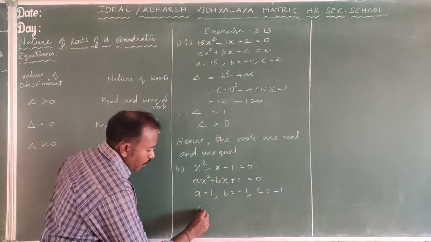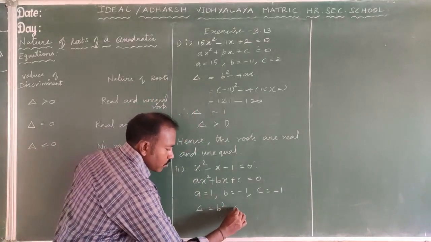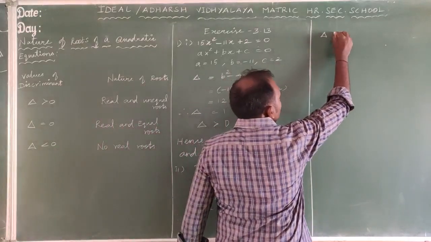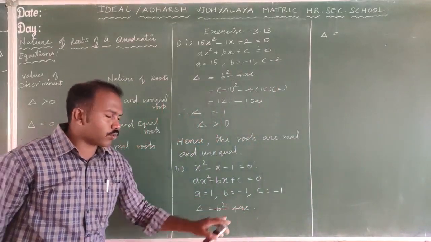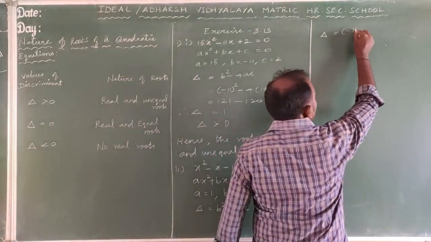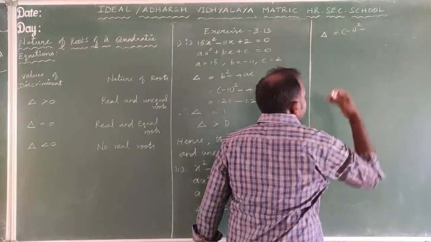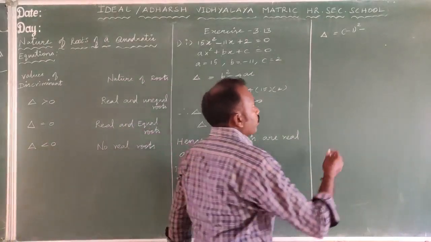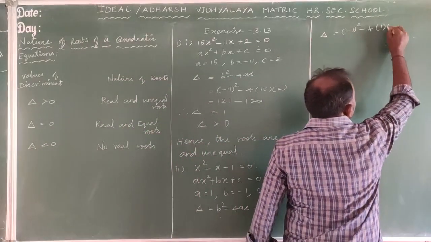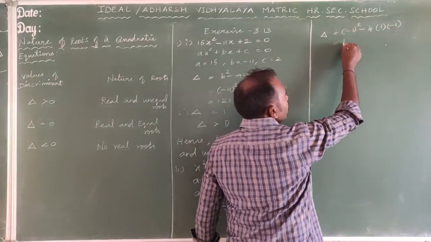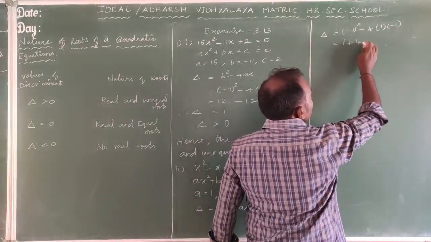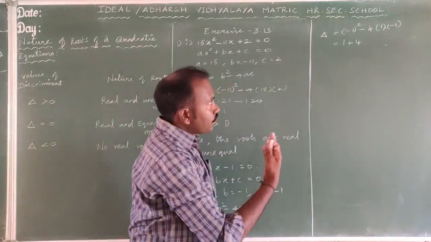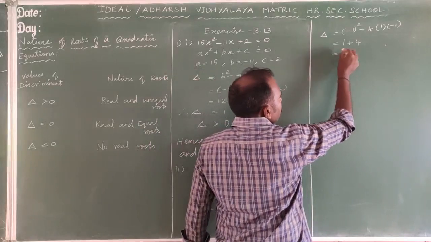Here applying the formula, discriminant is equal to b square minus 4ac. Then discriminant is equal to b square, that is minus 1 the whole square, minus 4ac, 4 into a 1, c also minus 1. 4 into 1 into minus 1, that is equal to 1 plus 4, minus into minus plus, that is equal to 5.